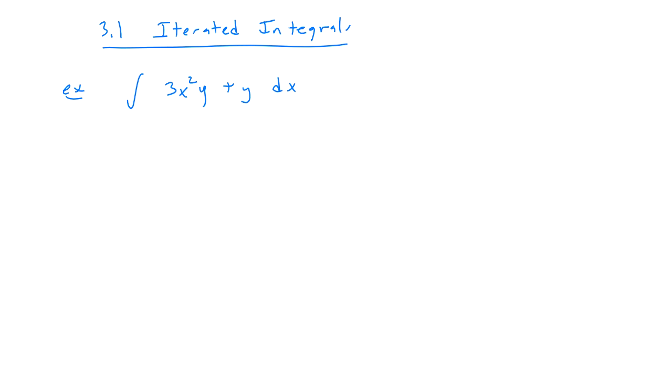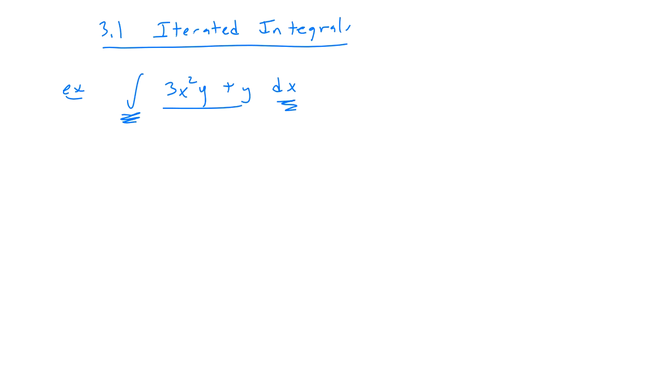This is kind of the equivalent to a partial derivative going the other way. So an antiderivative, where here we're taking the antiderivative of this function with respect to x. And the idea is just like with partial derivatives: we're taking the antiderivative with respect to x, so we assume y is a constant.